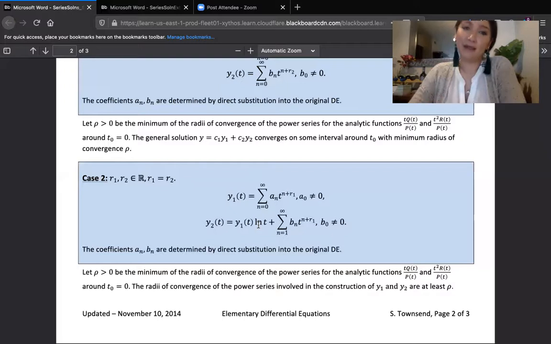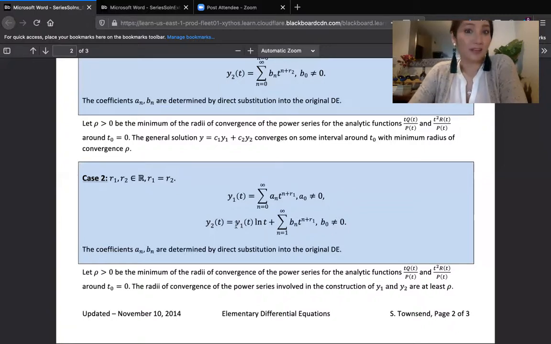So with that in mind, after you find your y1, this series right here, you don't actually want to substitute that series down here as you're differentiating y2. When you differentiate y2, just use the product rule. When we're taking the first derivative of y2, you'll have y1 prime times natural log of t plus the derivative of natural log of t, which is 1 over t, times y1.